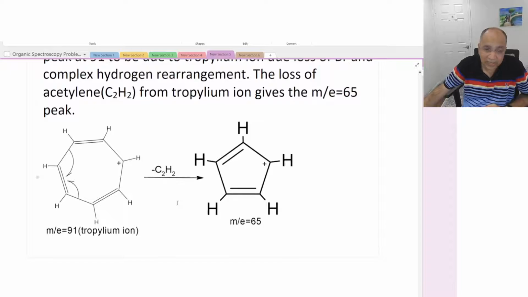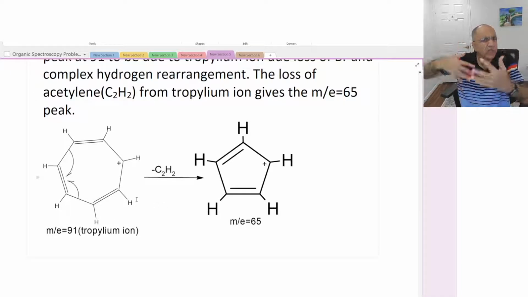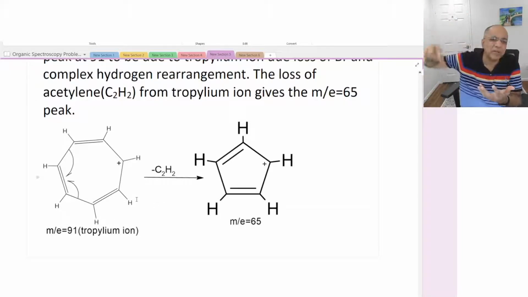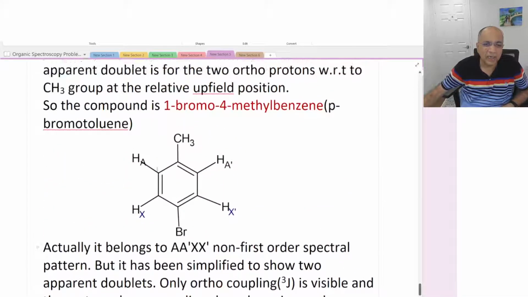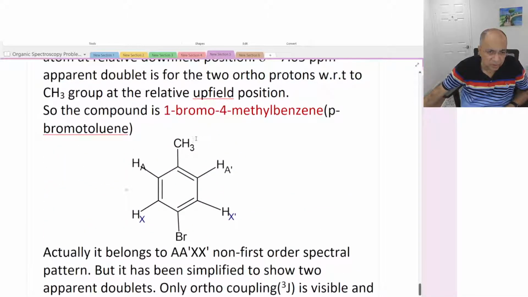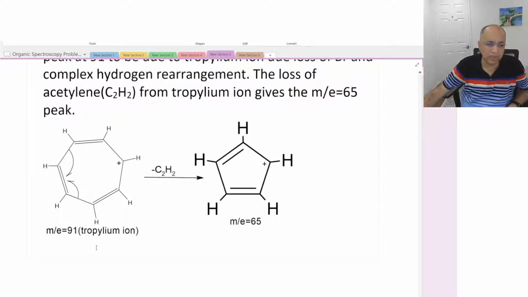So we can think that some complex hydrogen transfer rearrangement is happening, so that when this hydrogen goes for the beta cleavage giving you the tropylium ion, that hydrogen is coming here with a simultaneous loss of bromine. So you might be having a tropylium ion. That is my gut saying, but you can as well say loss of bromine and loss of acetylene to give you base peak 91 and 65.